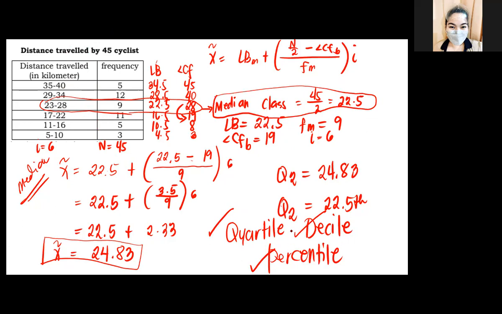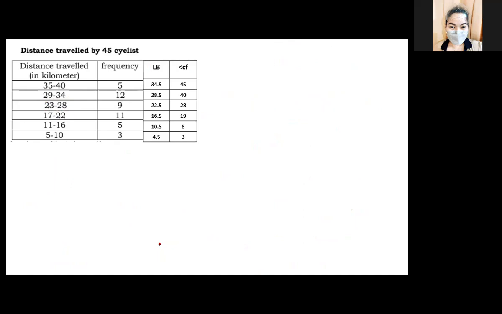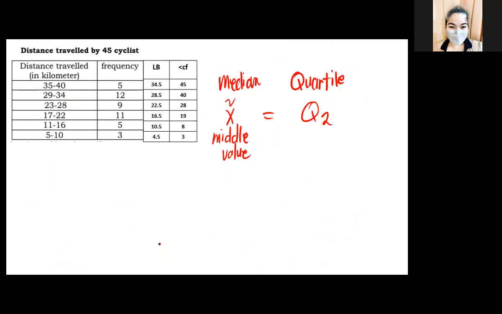Okay? Then, you have to determine. So, di ba, last time, hindi ko naituro sa inyo how to create your own frequency table, ano? Pag nag-create po tayo ng sarili nating frequency distribution table, meron ding way.